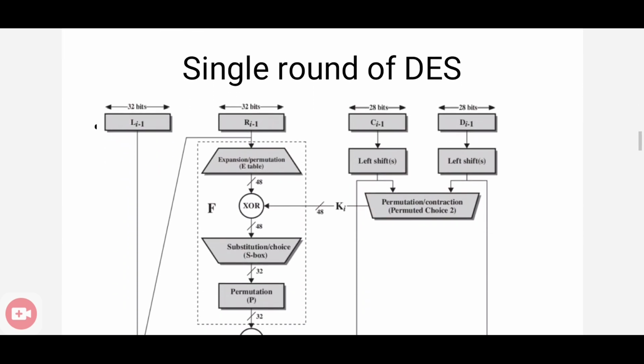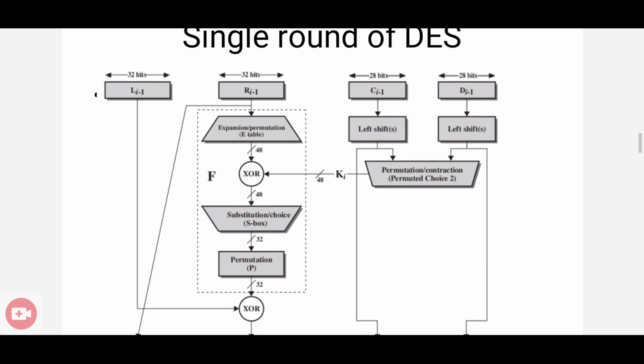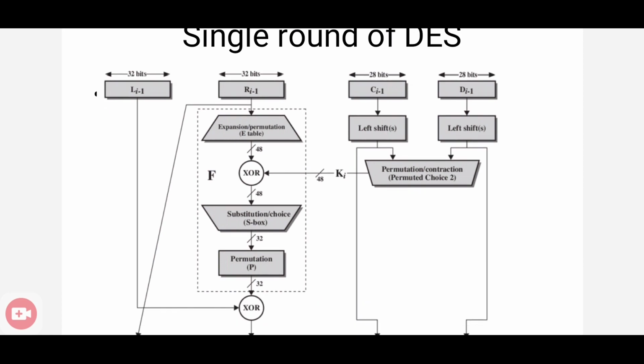Next, how a single round of DES works. Originally we are taking the plain text as 64-bit length, right? So the first phase of DES encryption is that this 64-bit plain text is the input of the initial permutation.